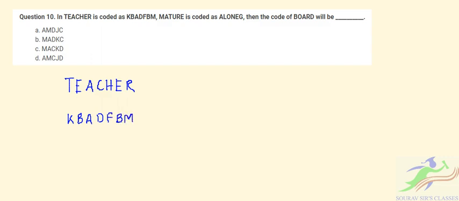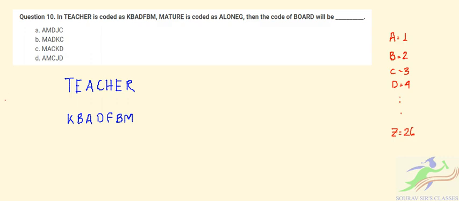For this type of question you have to consider the alphanumeric code, so each alphabet is equivalent to some numeral. If we consider A equal to 1, B equal to 2, C equal to 3, D equal to 4, up to Z equal to 26.